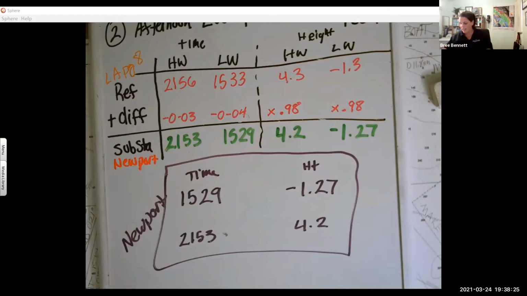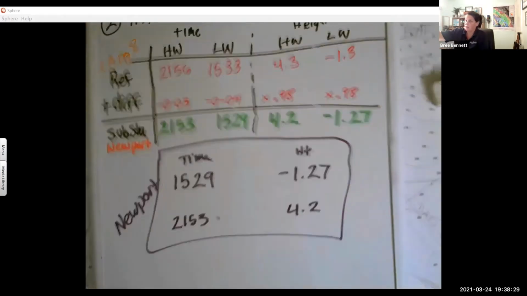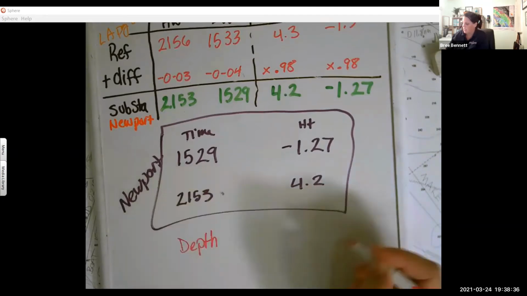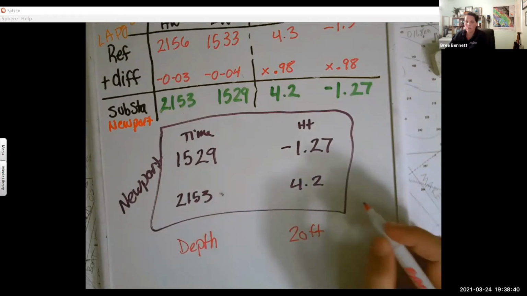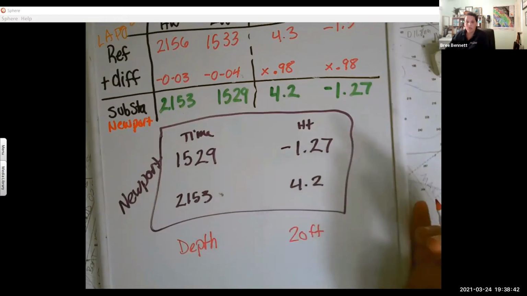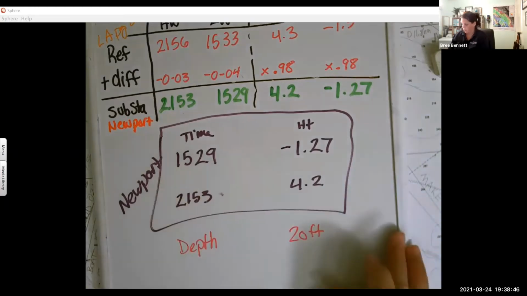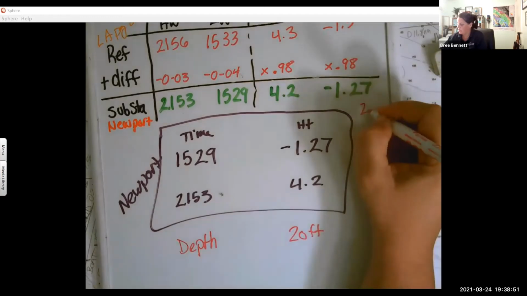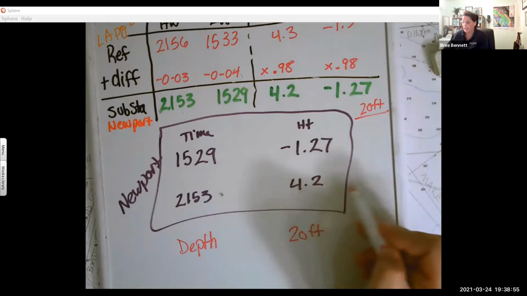Okay, so if the channel depth, if our depth is reading at 20 feet, what will our actual depths of water be? So we're going to apply that. So if we have a 20-foot channel, we're going to apply our numbers to each.